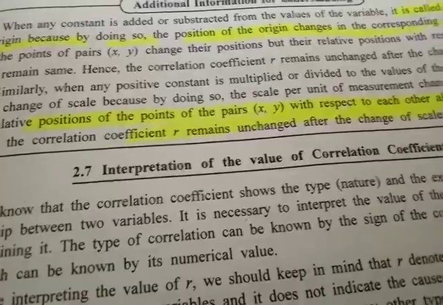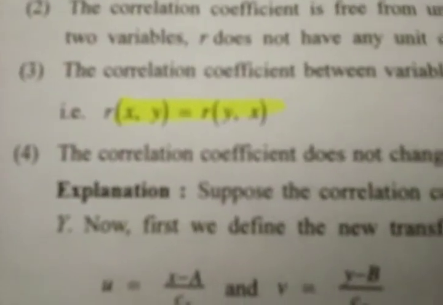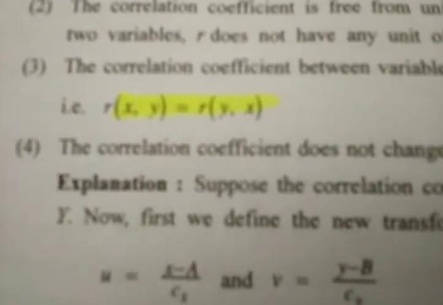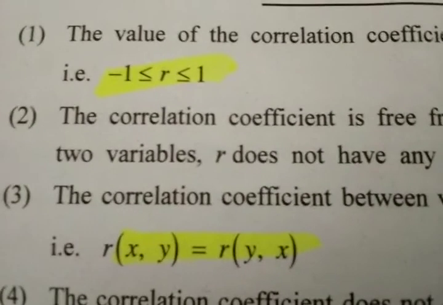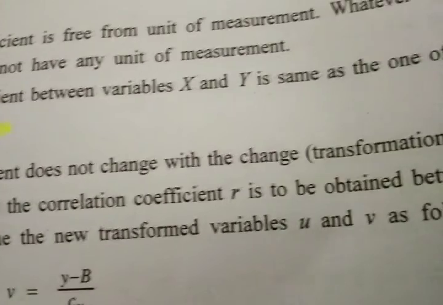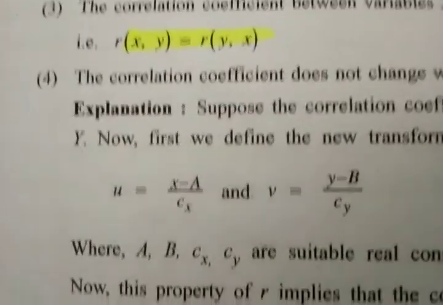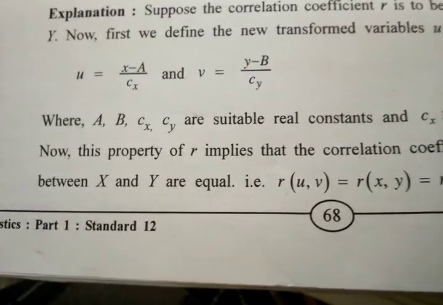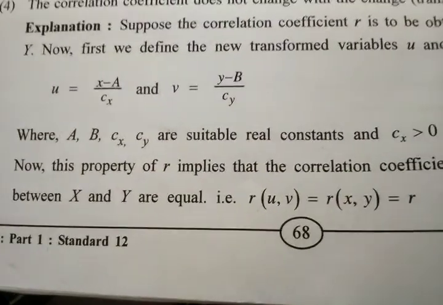So we can say coefficient of correlation does not change because of change of origin and scale. That is the point. That is what we have seen. Therefore we can say ruv is equal to rxy.